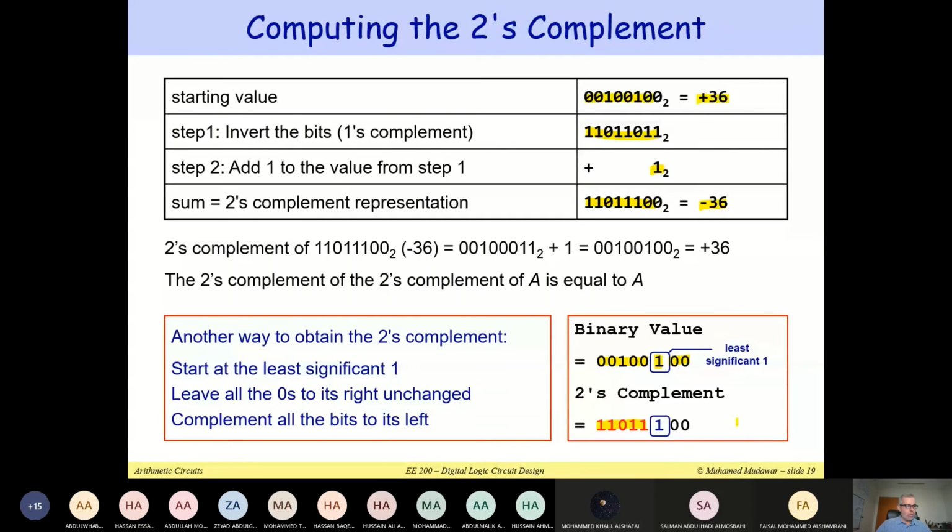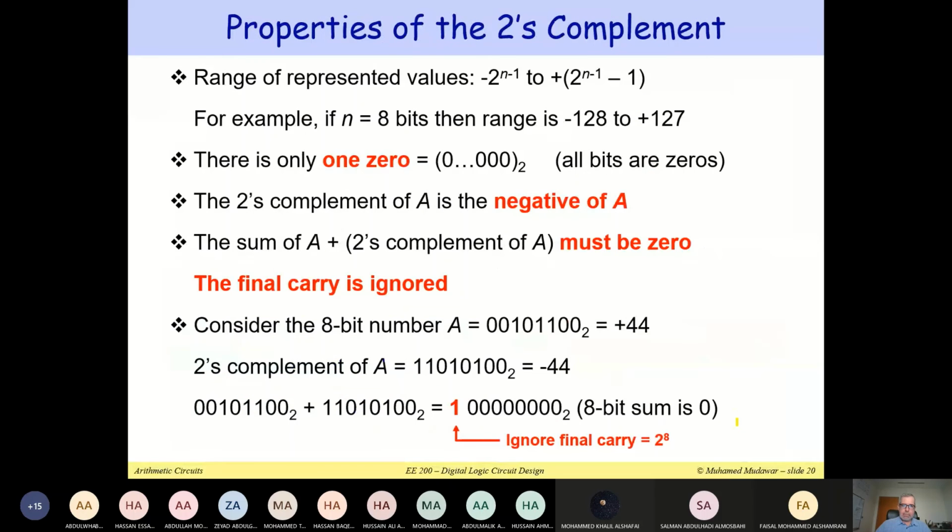So that's how we compute the 2's complement of a number. We have seen the properties of the 2's complement. For example, you have the range. You can go from negative 2 to the power n minus 1 to positive 2 to the power n minus 1. So for example, if n is equal to 8 bits, the range will be from negative 128 to positive 127.